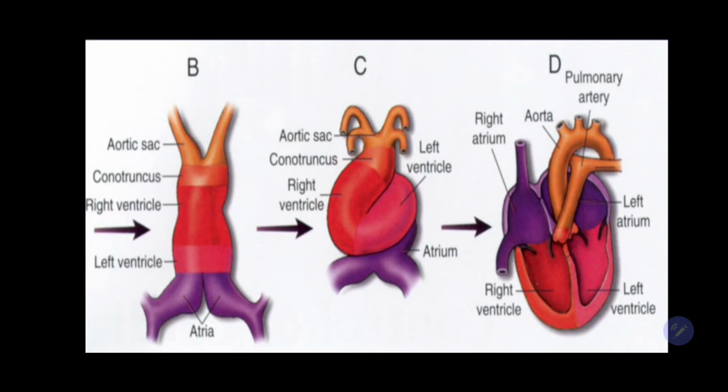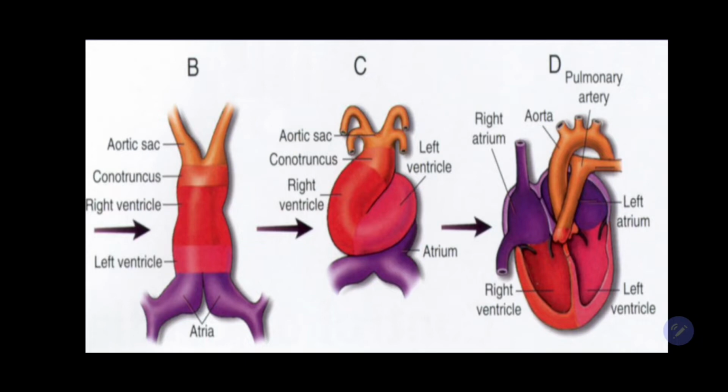So let us see the section here. When you see through the cardiac loop here, the primitive atrium, ventricle, bulbus cordis, truncus arteriosus, and AV canal are there. So these are the two endocardial cushions which are growing towards each other, and that is the septum intermedium. So this is the septation of the right part of the AV canal. The blood is flowing from atrium to ventricles, and the left part.